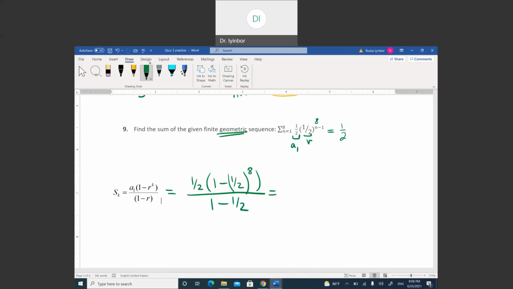Then you have plus 1/2 times 1/2 to the power 1, plus 1/2 squared, all the way to 8. So it's a long way of plugging it into the calculator. If I use this way, it's going to be faster. So that's what I'm going to enter in my Symbolab app.